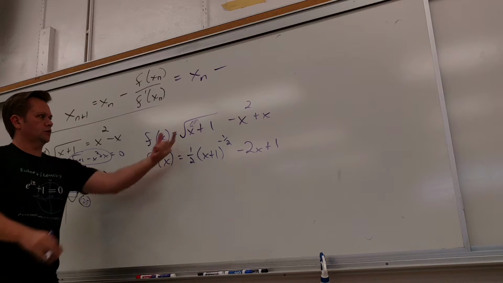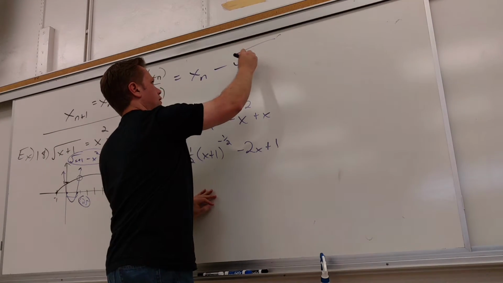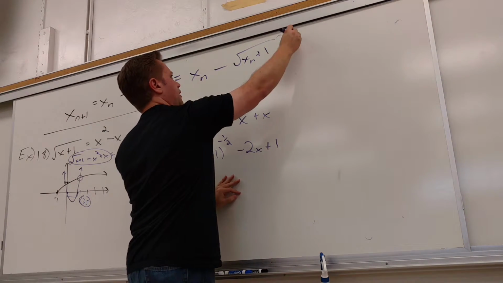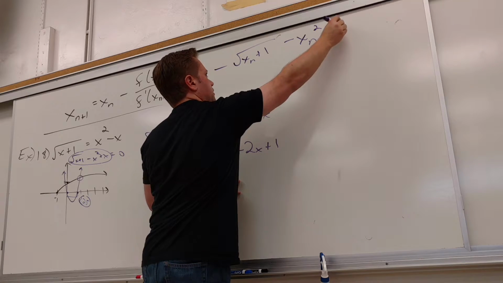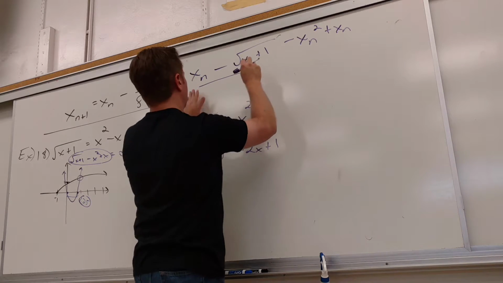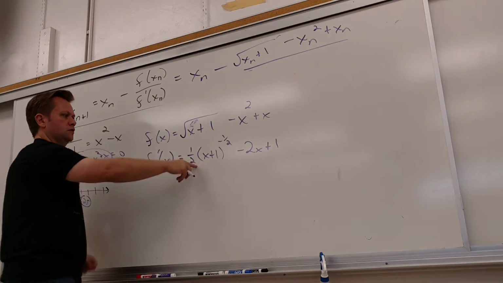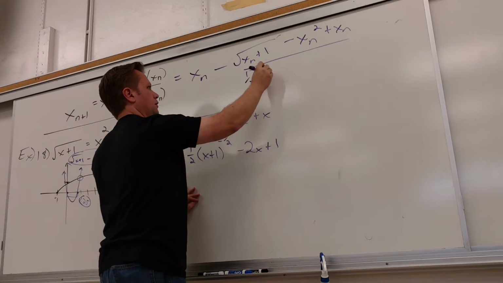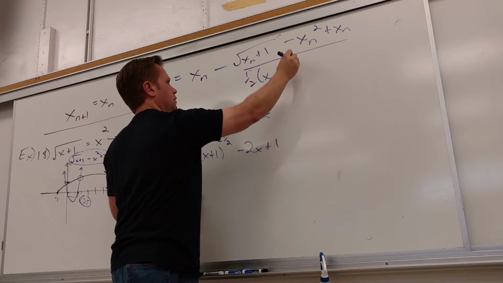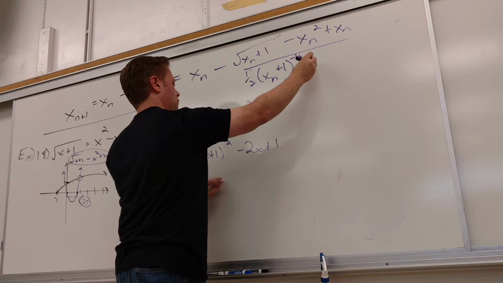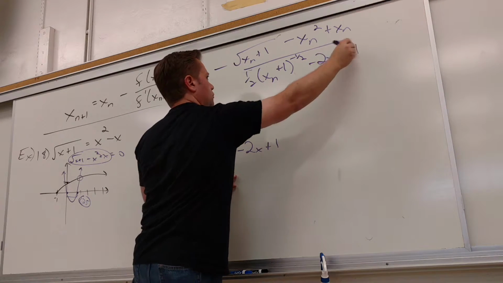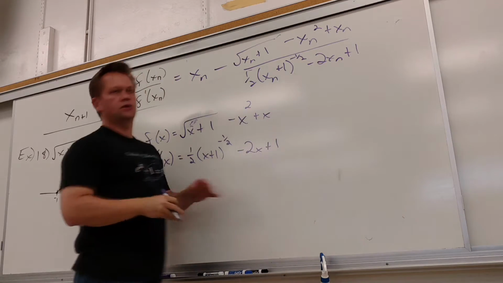Square root of xn plus 1 minus xn squared plus xn, over f prime of xn, so it'll be 1/2 xn plus 1 to the negative 1/2 minus 2xn plus 1. Let me stop right there.